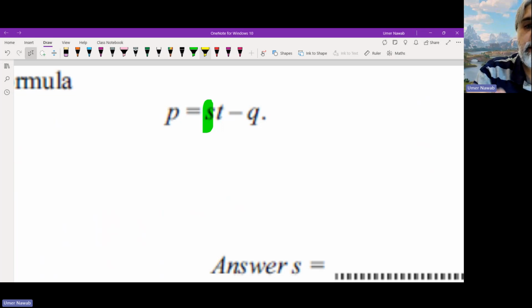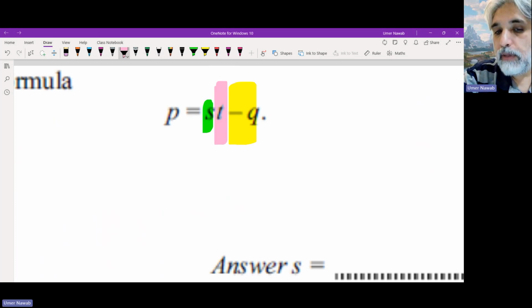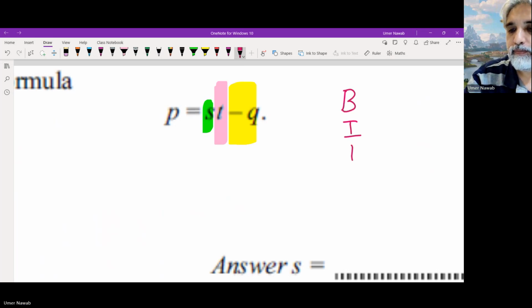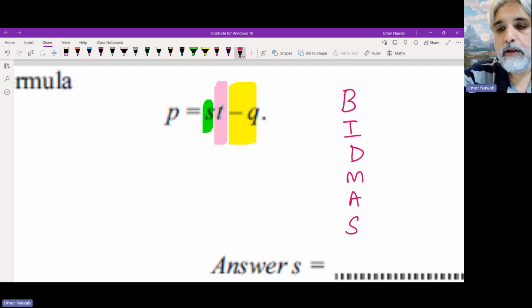Now, this is negative Q and this is T. T is multiplying with S and Q is subtracted from ST. As we know, BIDMAS, when we do the addition, subtraction, multiplication, division of expressions having some powers, we always follow the BIDMAS rule.